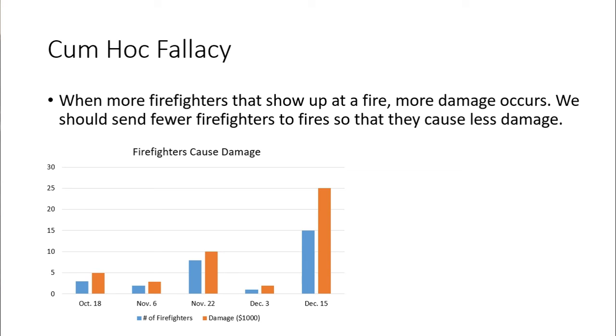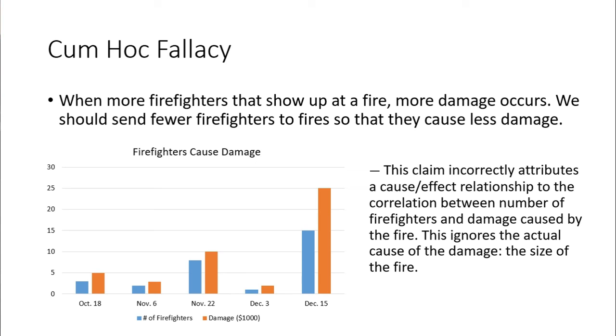But a more reasonable approach to this is that the size of the fire determines the amount of damage that is caused in the fire. And the number of firefighters that are sent to put out the fire is also determined by how big the fire is.